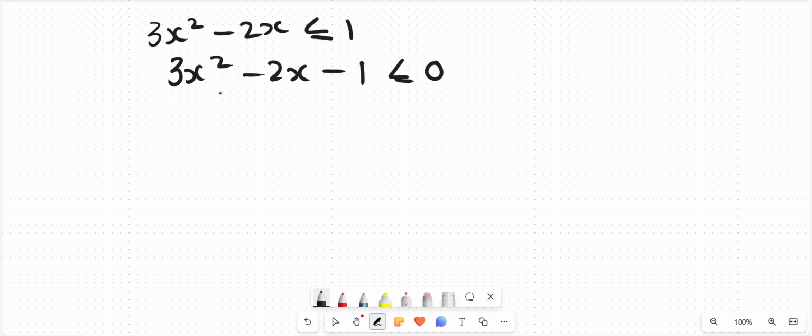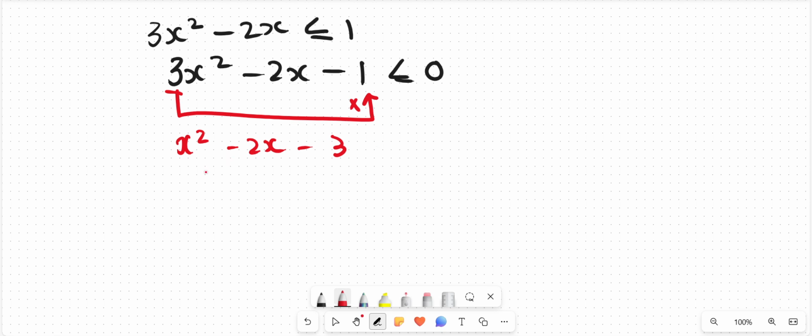Then we factorize this. This is quite easy to factorize. The way I factorize these is I take the 3, I multiply it across like that. I'll get an x squared minus 2x minus 3, right? And then I factorize this. Factors of a negative 3 that add to give me a negative 2 is a negative 3 and a positive 1.